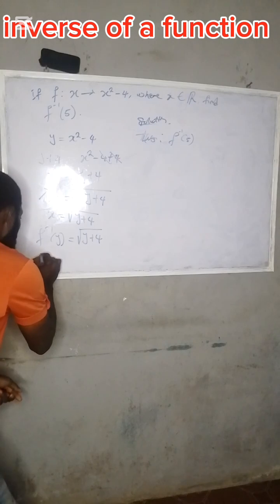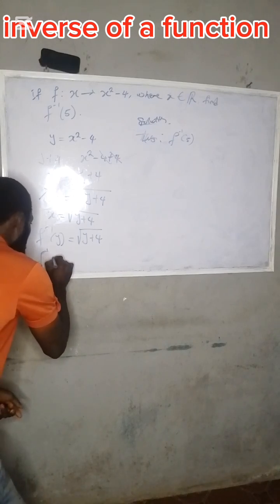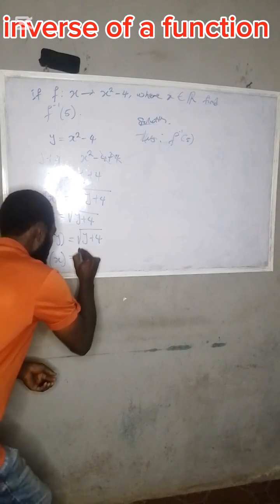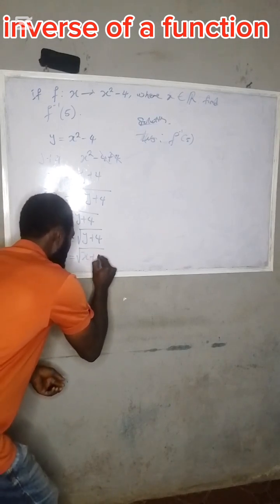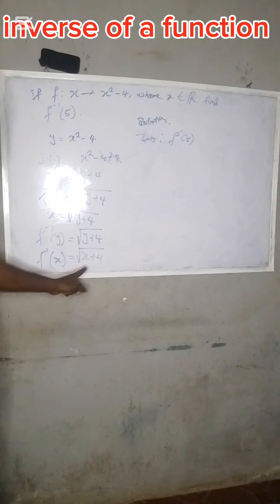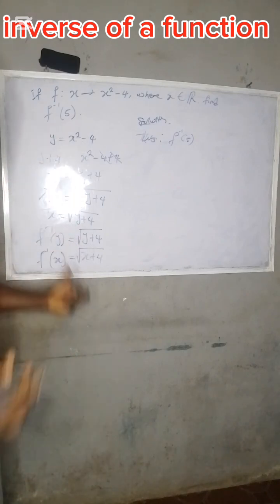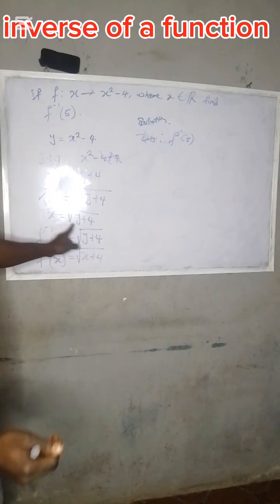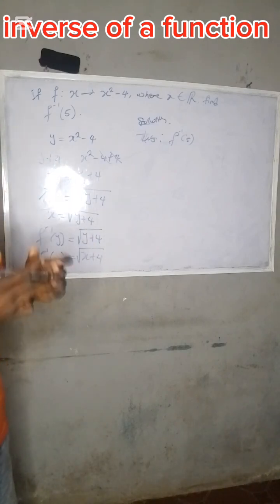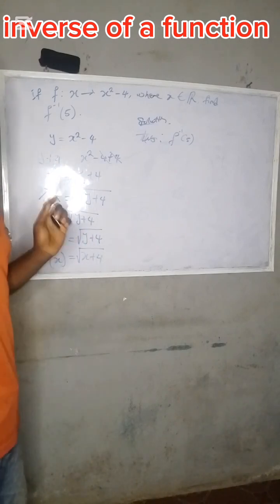It's still the same thing to write it as f inverse of x equals the root of x plus 4. Why do we put x? We can write it as y, but since we have made x the subject of the formula, we can change it to our preferred alphabet, so I'm changing it to x.